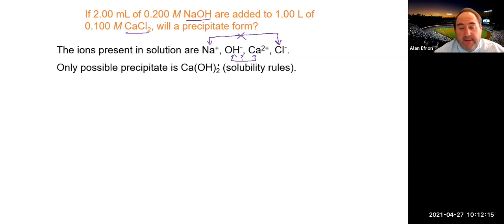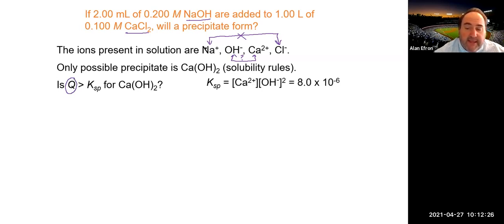So the question then becomes, in this particular situation, will it form? That's going to require us to calculate Q. To help us decide that at the end, if we look up the KSP value in a table, the KSP value for calcium hydroxide is 8 times 10 to the minus 6. If we set up its equilibrium, calcium hydroxide breaks apart into calcium ion and a couple of hydroxide ions.